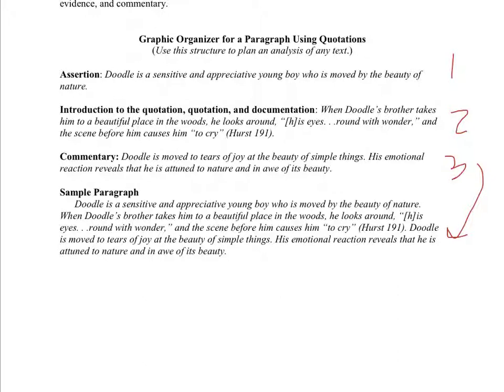They introduce the quote, when Doodle's brother takes him to a beautiful place in the woods. Here you can see the quote, and here's our documentation. And then, as you can see, the commentary is just 2 sentences. And then the paragraph is just all of that information. Fine. Alright, and now you're going to do some of that.